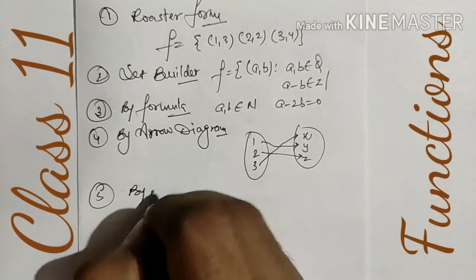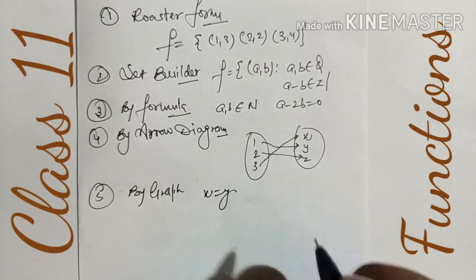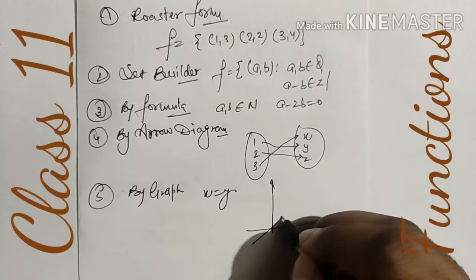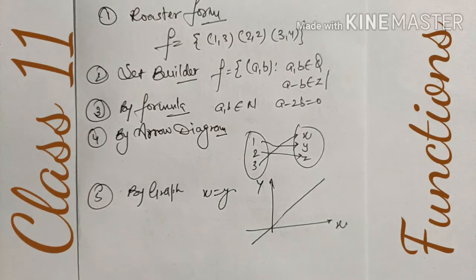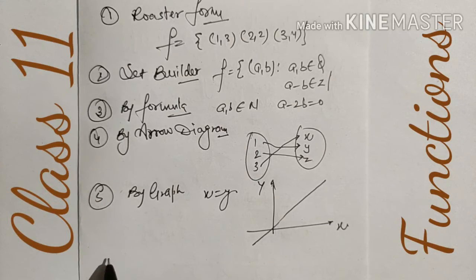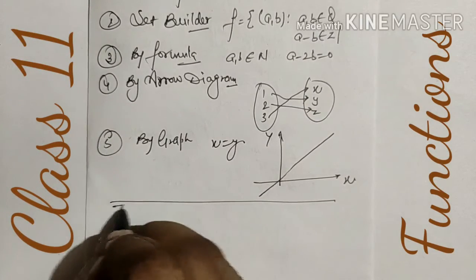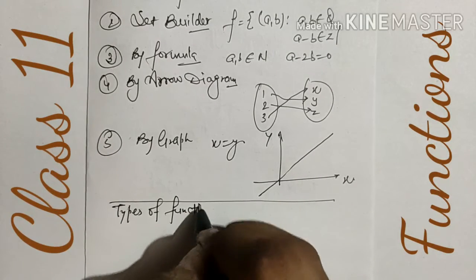Next type is given by graph, as we did in 10th class, graphical method. Here we have x is equal to y. It means both are same. So the graph comes between the x-axis and y-axis in the center of it.